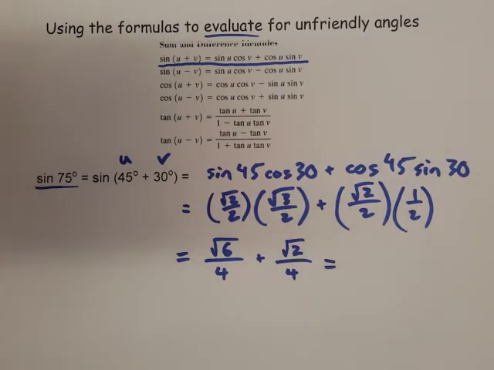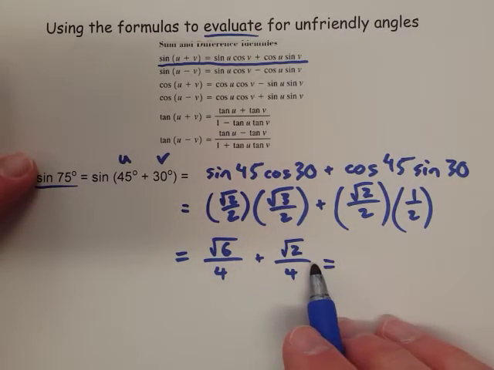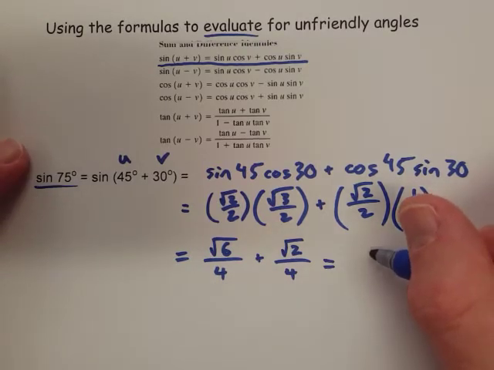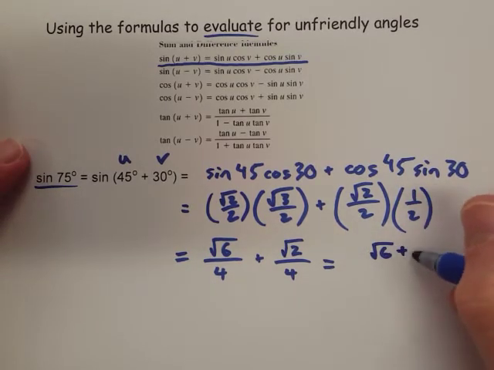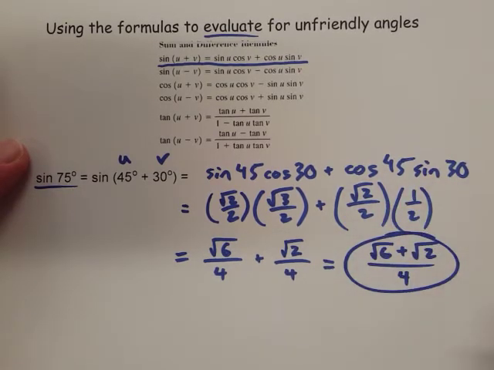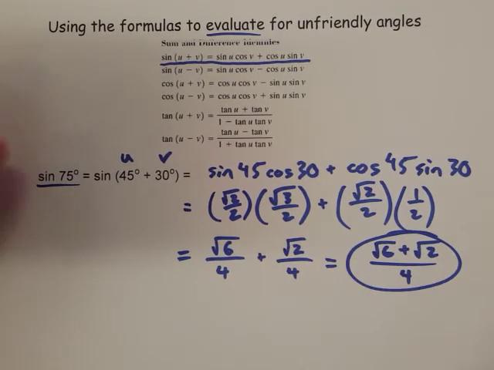We're trying to do this by hand anyway, taking the calculator out of it completely. When we have two fractions, we can combine them as long as they have the same denominator. So this is going to be square root of 6 plus square root of 2, over 4. We actually can't combine those two radicals. We can only combine them if they're multiplying, so we just leave it like that.